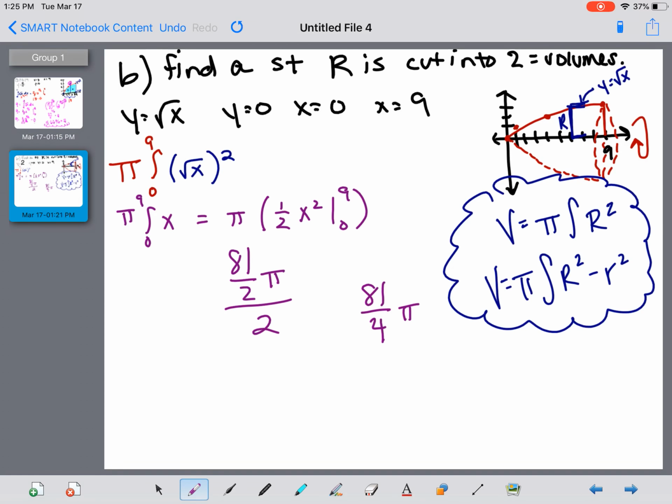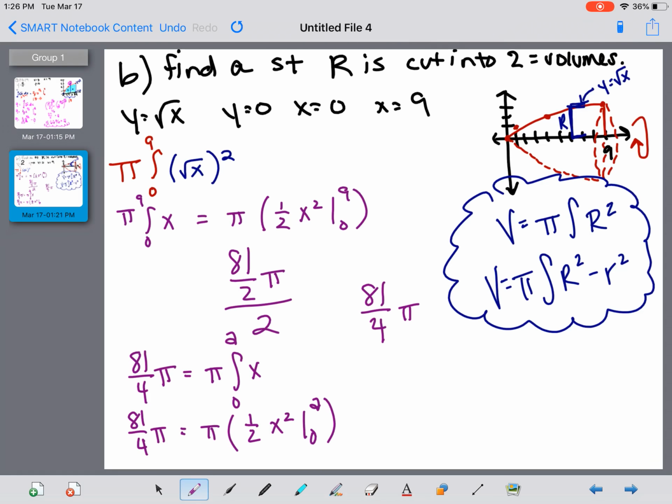We're going to set the volume equal to 81/4 pi, which equals pi times the integral from 0 to a of x. So then 81/4 pi equals pi times 1/2 x squared from 0 to a.